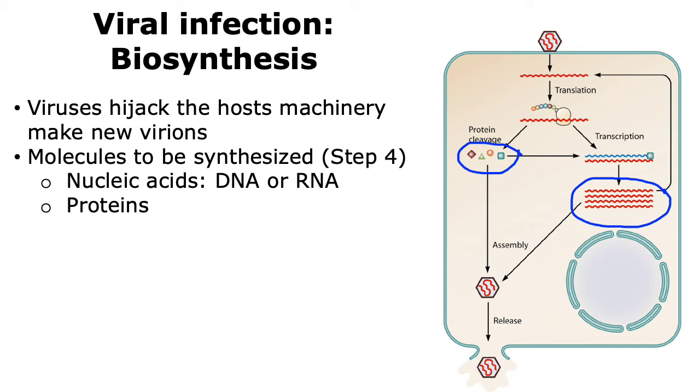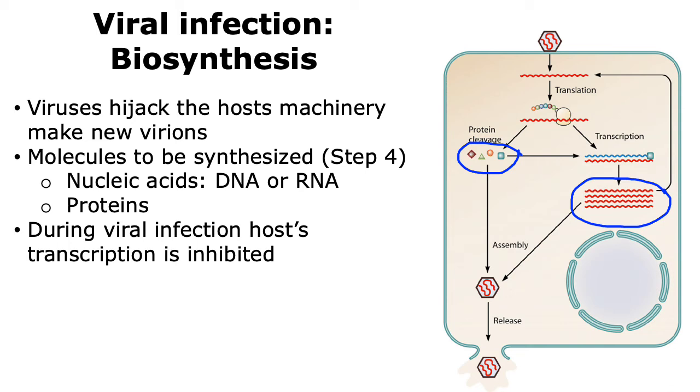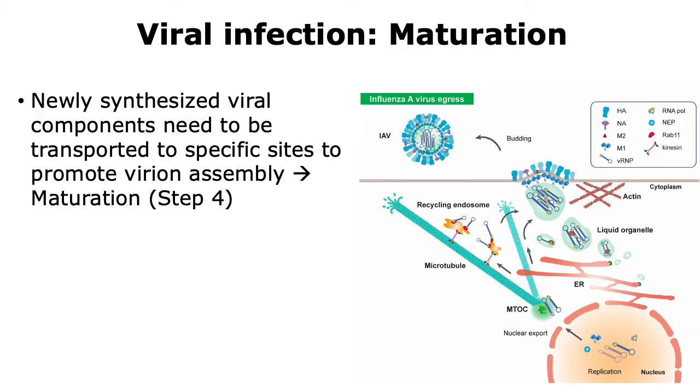These nucleic acids and proteins play important roles in the formation of new virions. One thing to keep in mind is that during the biosynthesis of viral components, the host transcription is inhibited, and thus the host genes tend to be suppressed from being expressed or transcribed or translated.